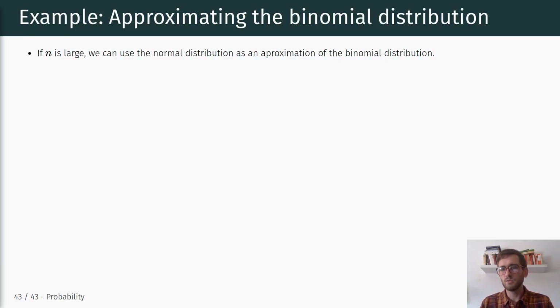And this can be useful when making calculations by hand using the binomial distribution, because large n calculations of a binomial can be pretty tedious and also result in potentially very large combinations, the n choose k component of the binomial distribution, right?